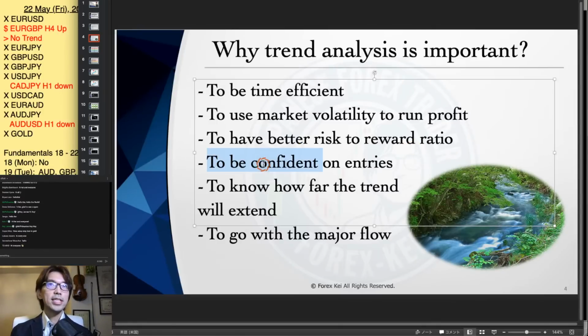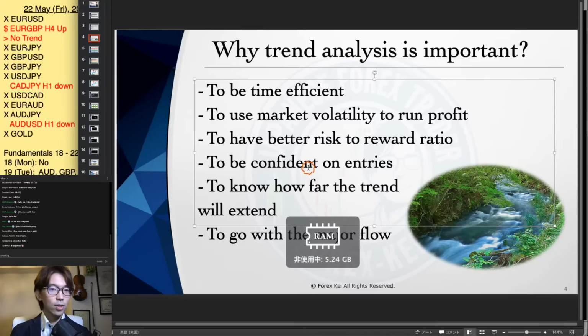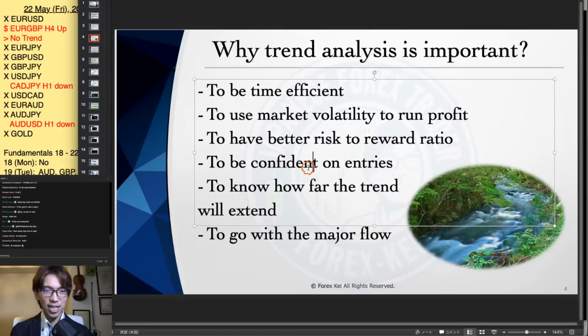And the next point is to be confident on entries. Confidence is another key to success in Forex trading or stock trading in the long run, because we sometimes lose confidence when we get losses over time, and we don't want that to happen. I don't want that to happen to myself either.